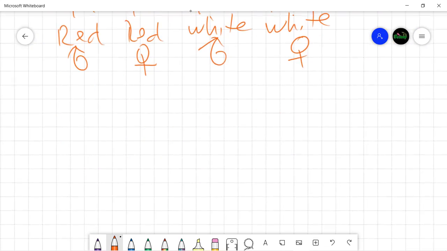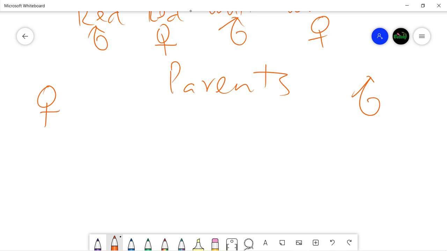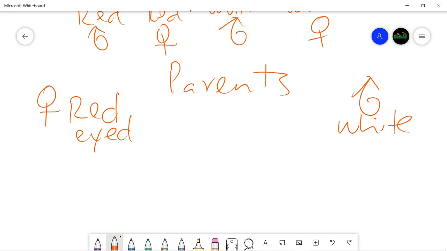So let's find out how the first cross was done. So these are the parents. We have a female parent here and a male parent here. This phenotype is red-eyed and this phenotype is white-eyed.